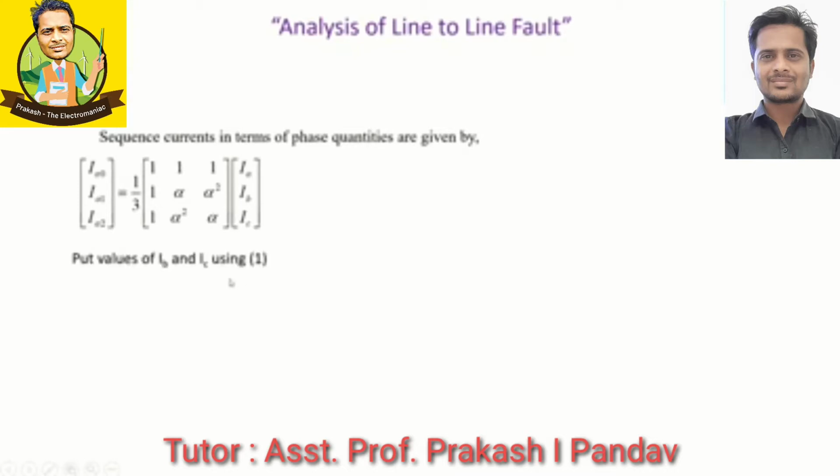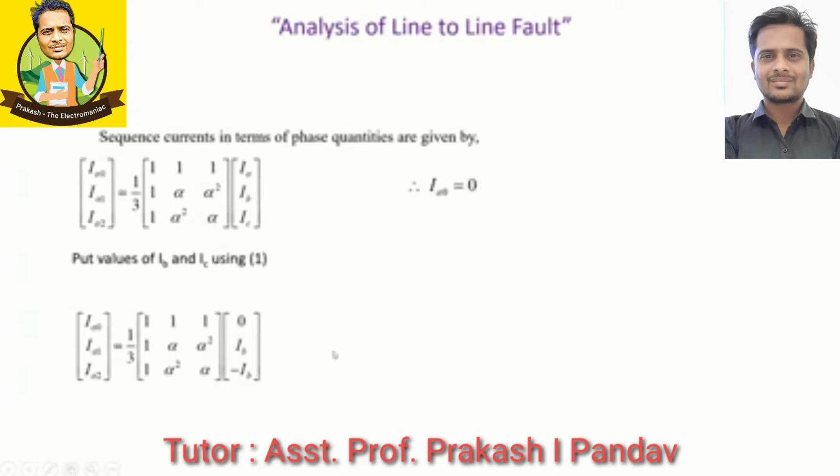Now we put the values of B phase current and C phase current using equation 1. Equation 1 says that IB is equal to minus IC and IA is equal to 0. If we place those values, the matrix becomes like this.